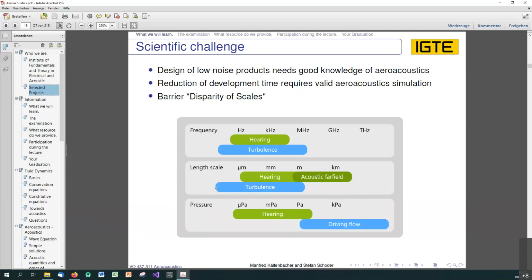In acoustics, the frequency and the length scale are related with the speed of sound, and in turbulence not. Therefore, the two mechanisms are drifting apart from each other, and this means with respect to simulations that we should treat turbulence differently than acoustics. So discretizing a small turbulence structure is different from discretizing a wave, or modeling a wave, or measuring a wave.